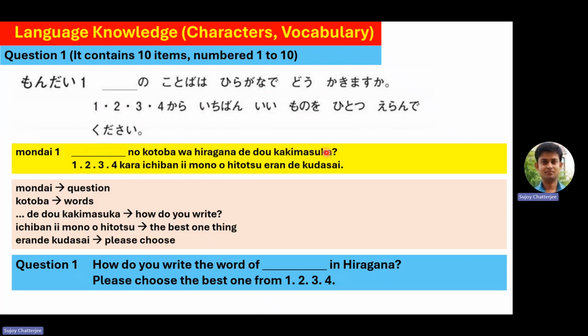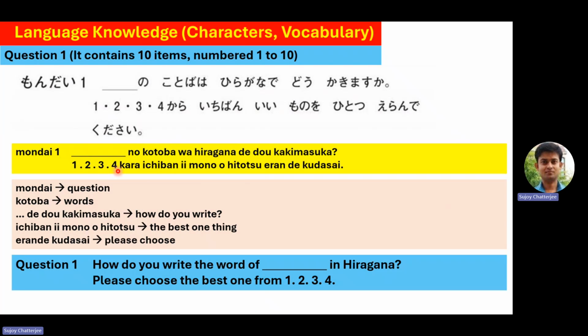How do you write in hiragana? Do kakimasu means how do you write? Kakimasu is the verb to write. So it's specifically mentioned: how do you write the word given in this dash in hiragana.